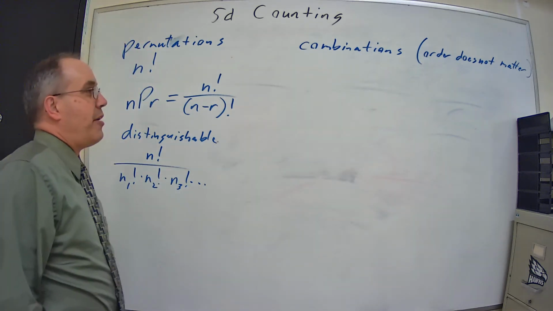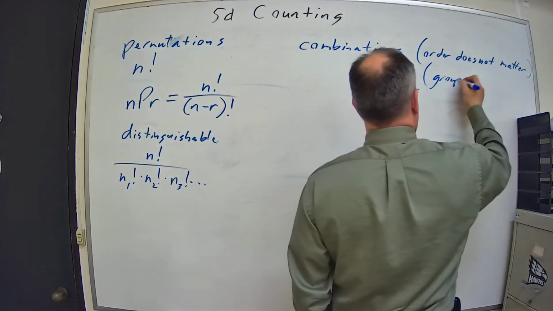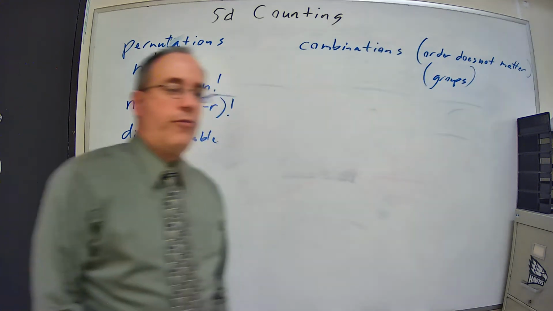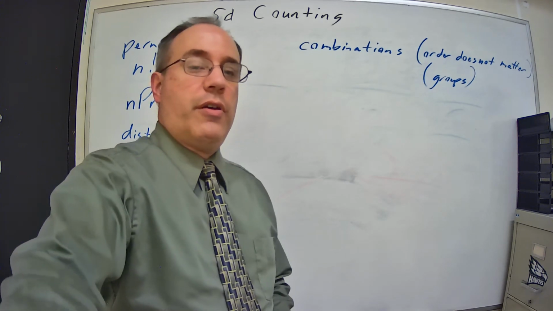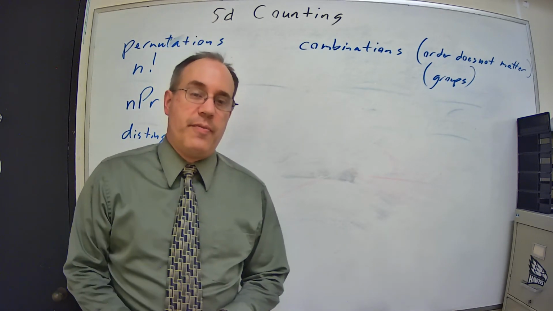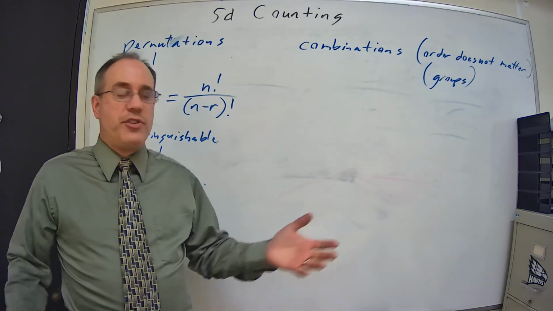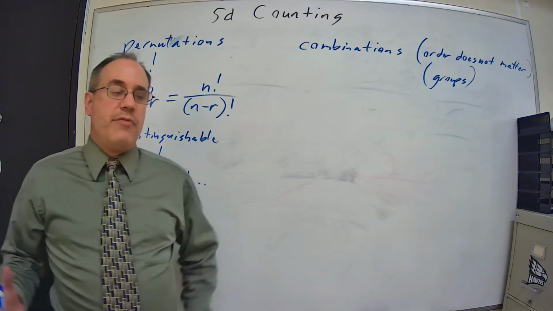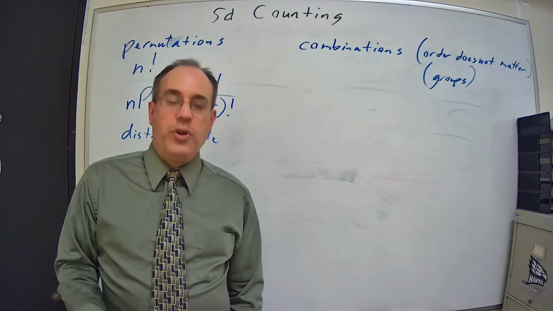Order does not matter, and we sometimes use the word groups for combinations. If you think about it, you may have a group of friends. The order of the friends doesn't matter, they're still in the group, right? If you have a grouping of something, we don't care about the arrangement. We just care that they're part of it.